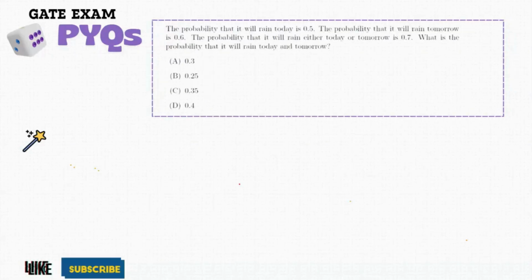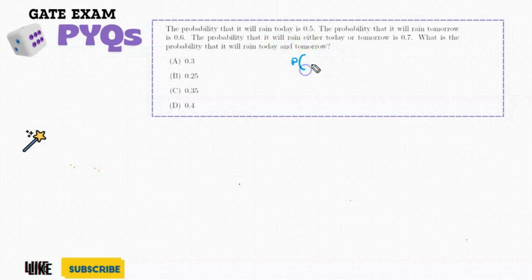It is given that the probability that it will rain today. So let us denote this as event A. Event A is that it will rain today, and we consider event B as it will rain tomorrow, correct?